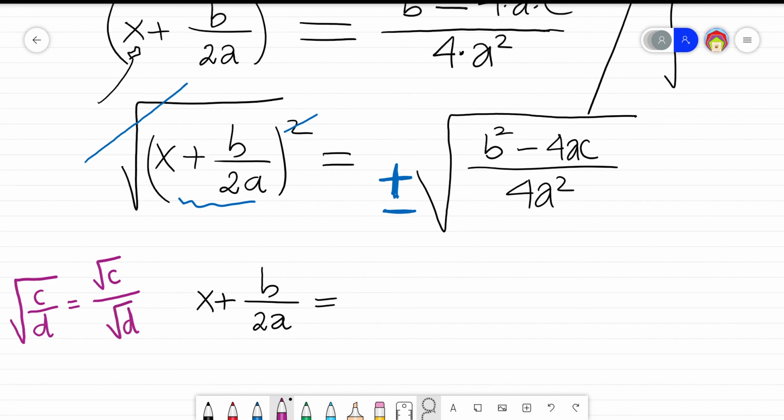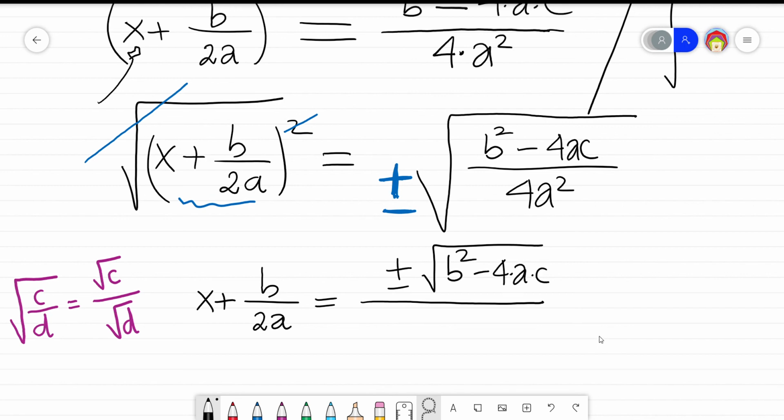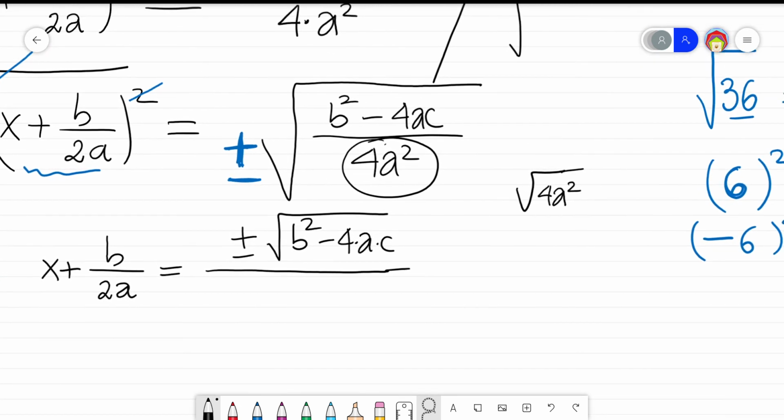I will apply it there. So plus minus the square root of b squared minus 4 times a times c, and the square root of the denominator you just do very easily, applying all the laws you know about indices and roots. This is 2 times a. No problem.